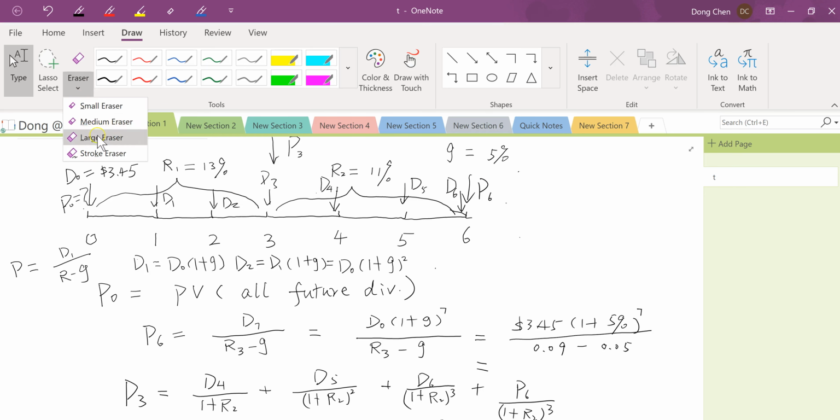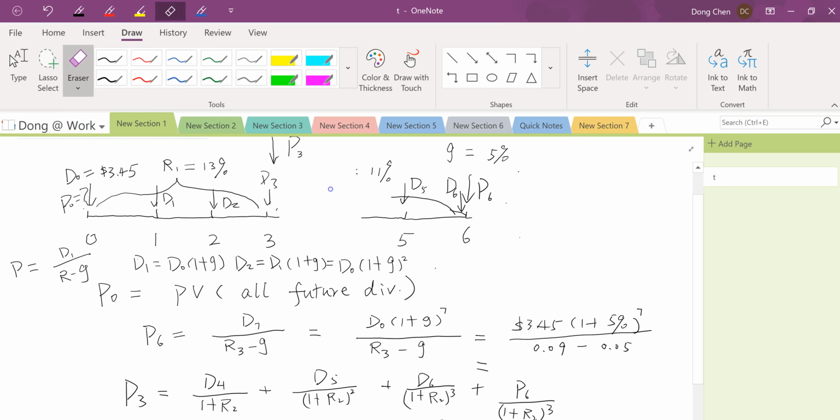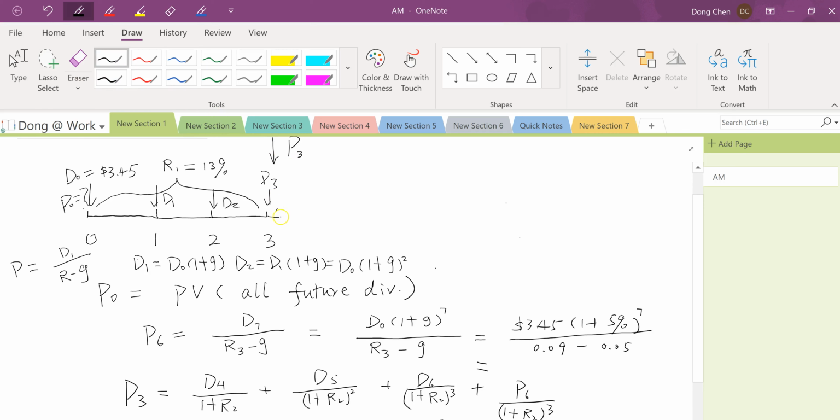So I can get rid of all this, because I don't like this non-time period. Nobody likes it, probably. The easier, the better. So with P3 calculated, the question boils down to calculating, following the same steps, this P0.